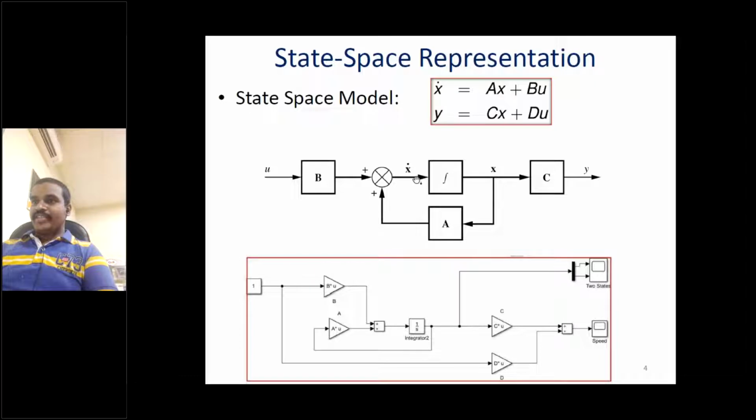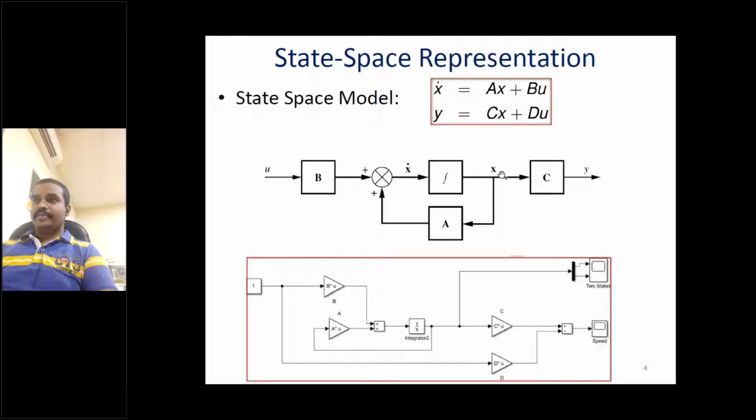So what is happening here is this is x dot. This is the block diagram approach. X dot, if you integrate, you will be getting x. And this x is multiplied with this gain block A. So this is A into x. Here you are getting A into x plus another signal which is coming here. The signal going to this particular summer is B into u, B multiplied by the input signal.